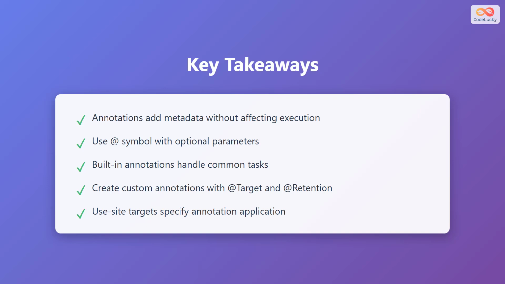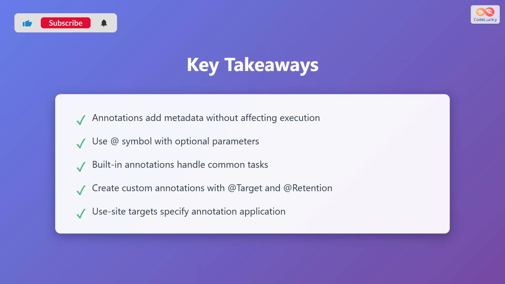Let's recap what we've learned about annotations in Kotlin. First, annotations add metadata to code without affecting its execution. They're purely informational. Second, you use annotations with the @ symbol and can optionally pass parameters to provide more context. Third, Kotlin provides built-in annotations like @deprecated, @suppress, and @JvmStatic that handle common tasks.